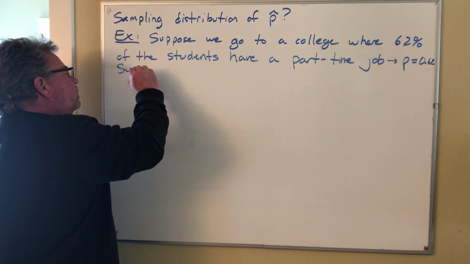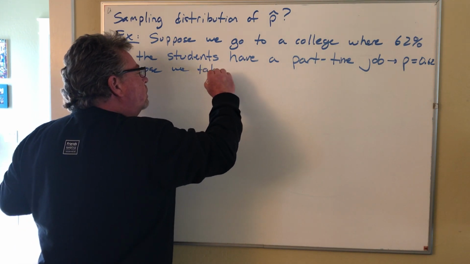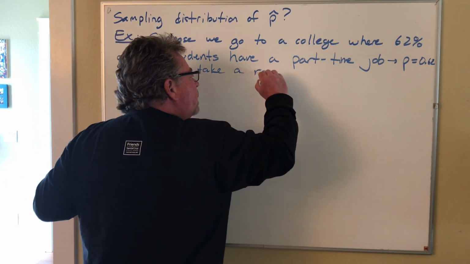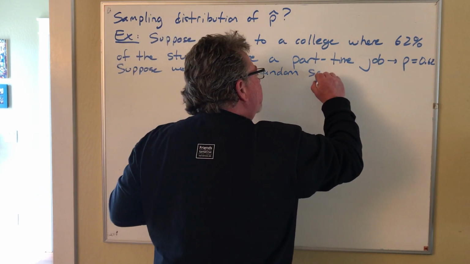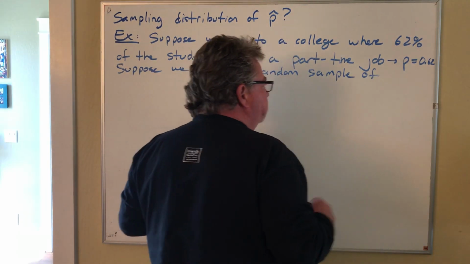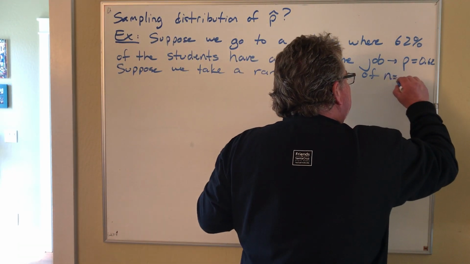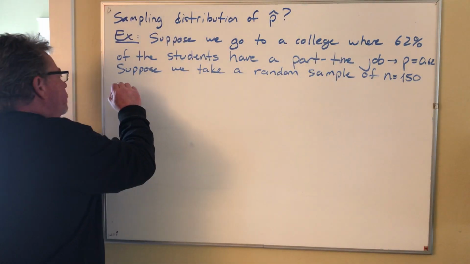And we're going to go to this population, this world. So let's suppose we take a random sample of n is equal to 150 students.